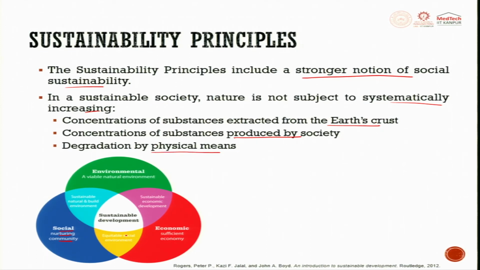That is why, as we mentioned in the previous slides, the triple bottom line is not a single bottom line; all these three factors act as the pillars to hold the building of sustainability.